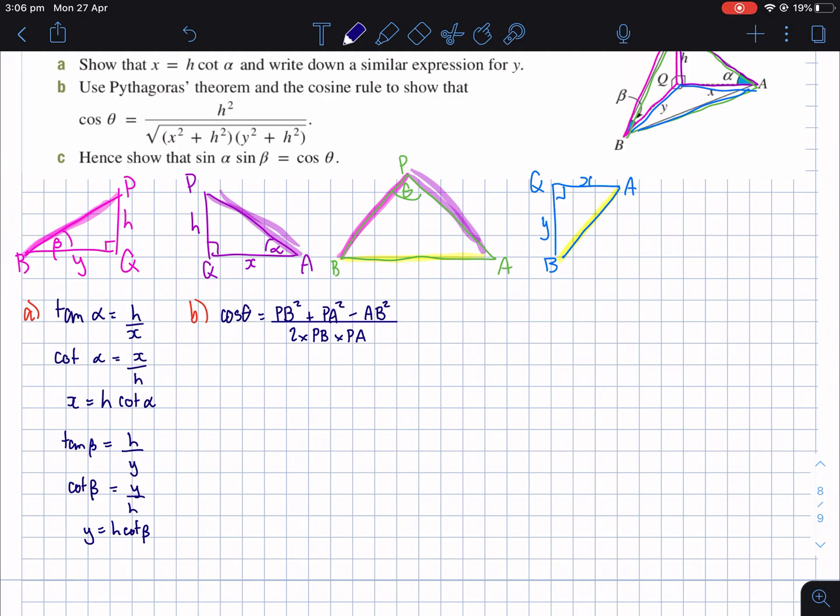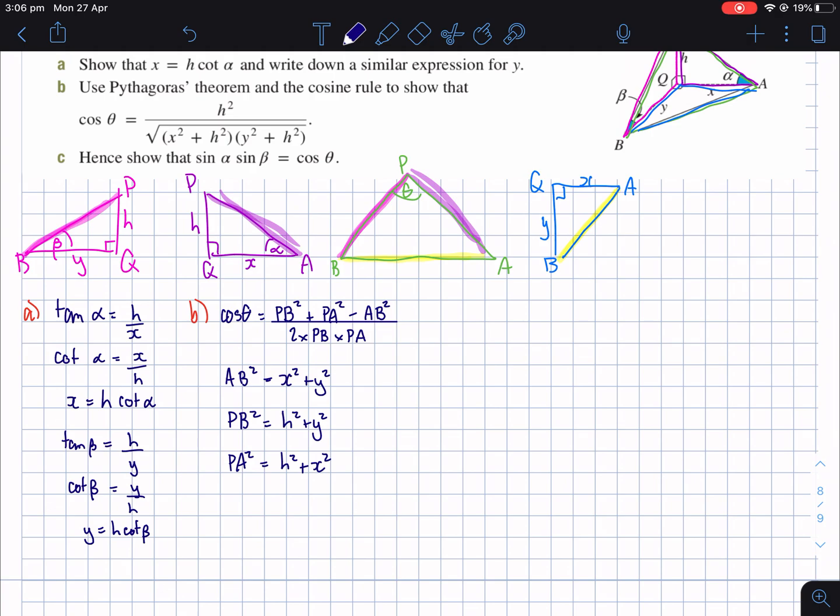Now, if we look at AB, we know AB squared is x squared plus y squared. We know PB squared is h squared plus y squared. And I know PA squared is h squared plus x squared.